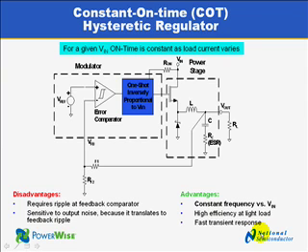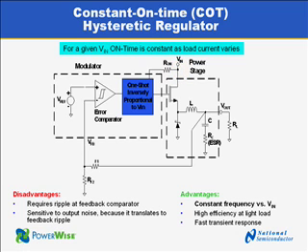Finally, we arrive at the block diagram of the architecture of the LM315, which is a constant on-time hysteretic. A simple block diagram has been added. It generates a one-shot on-time, which is inversely proportional to VIN. This is achieved by the on-time setting resistor connected to the input voltage.